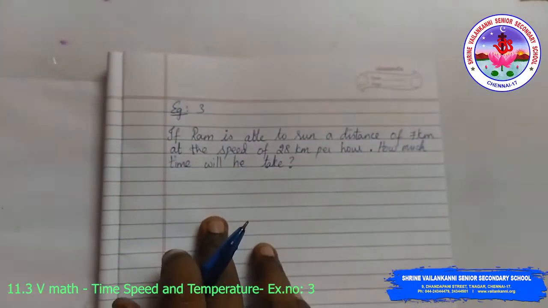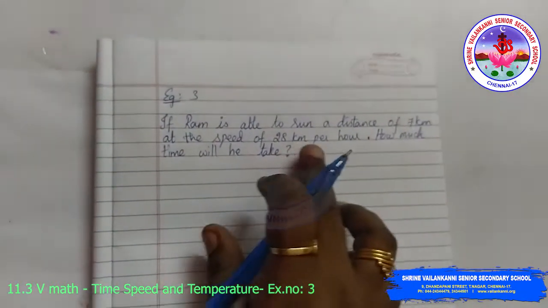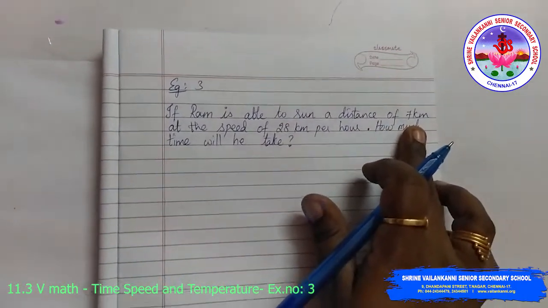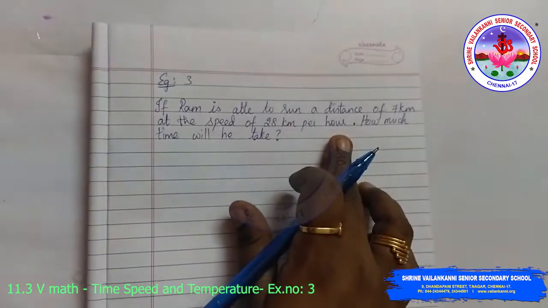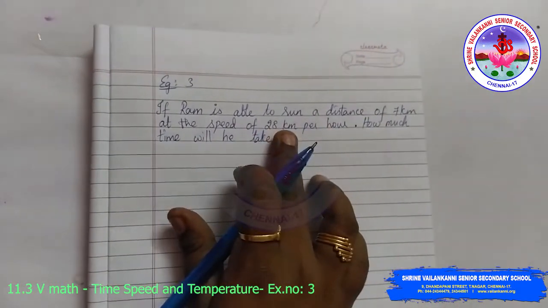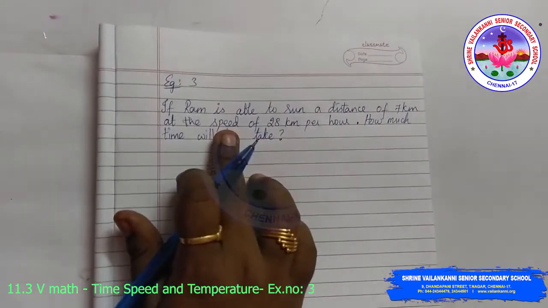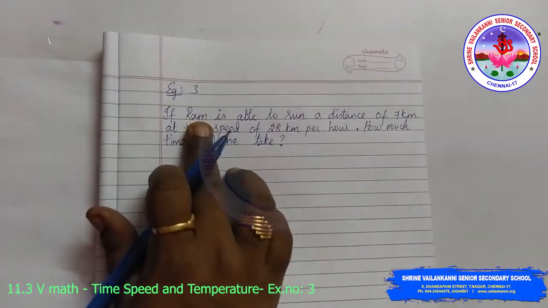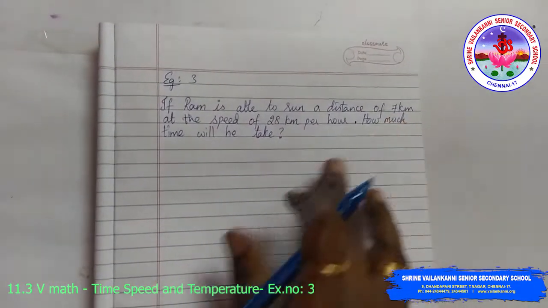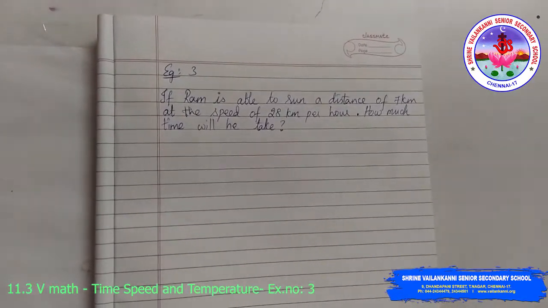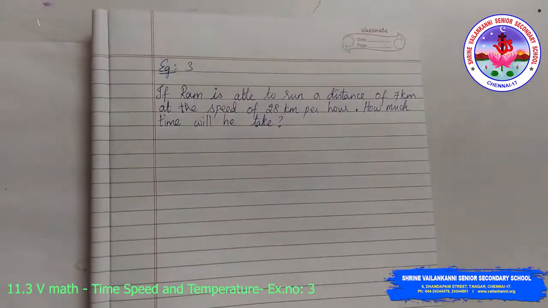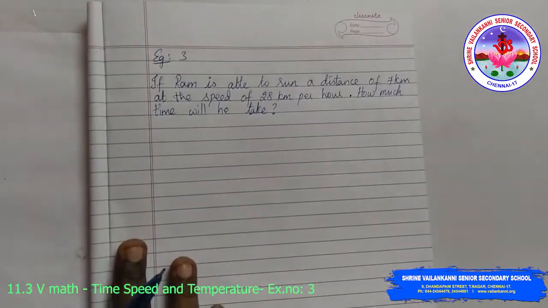The third example is, Ram is able to run at a speed of 28 kilometer per hour, that is, for 1 hour 28 kilometer is covered. If the person is running 7 kilometer, what is the time he will take to cover this 7 kilometer is the question asked.